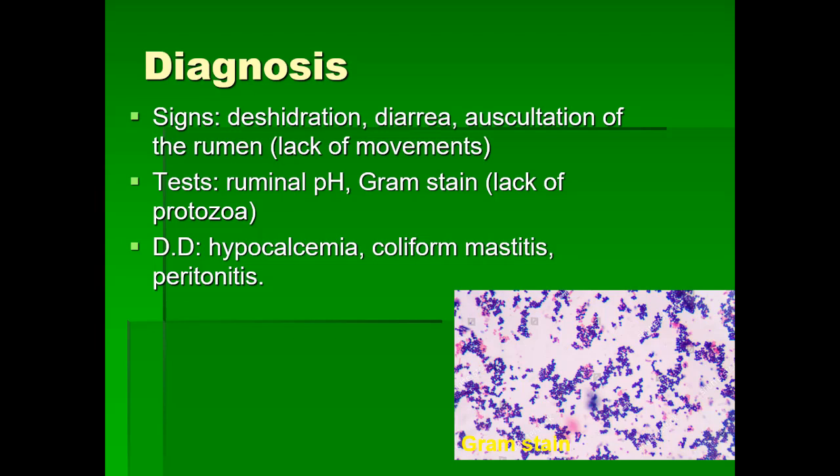If we could take a sample of the rumen and do a pH, it will be below 5. And if we do a gram stain, there will be more gram-positive bacteria and a lack of protozoa and gram-negative bacteria. On a healthy rumen, there should always be more gram-negative bacteria instead of gram-positive ones.